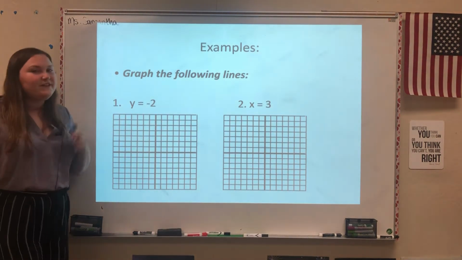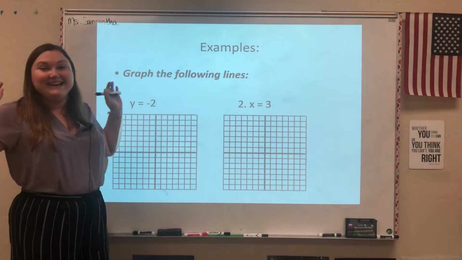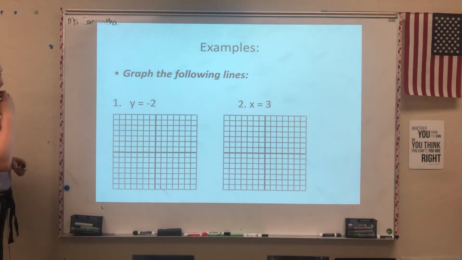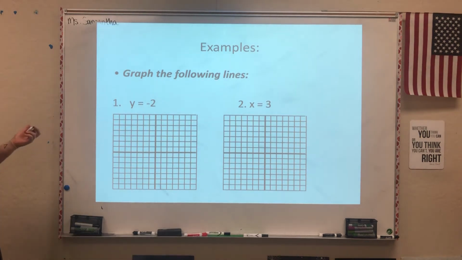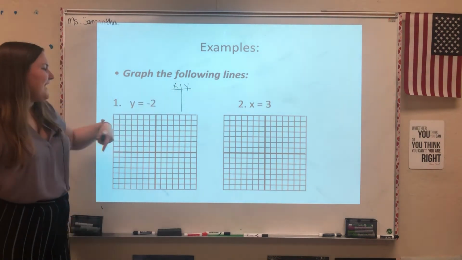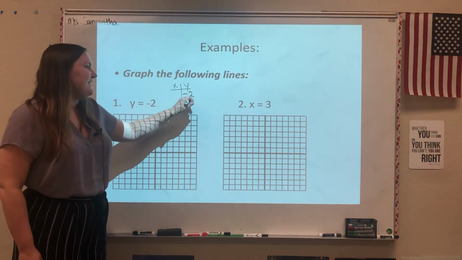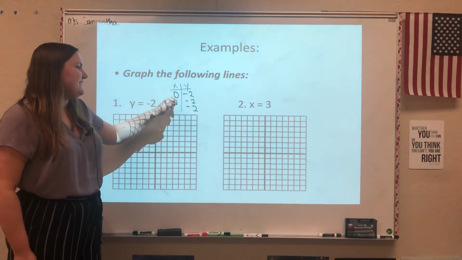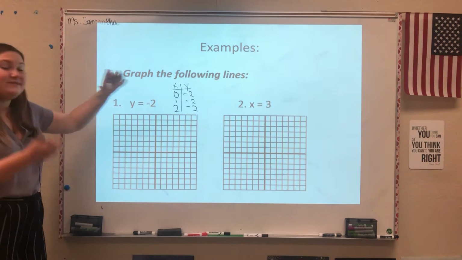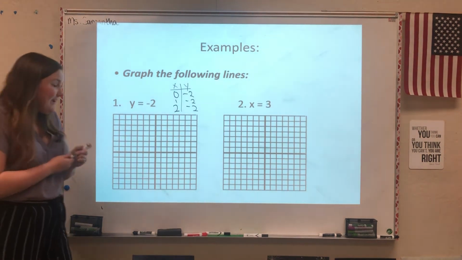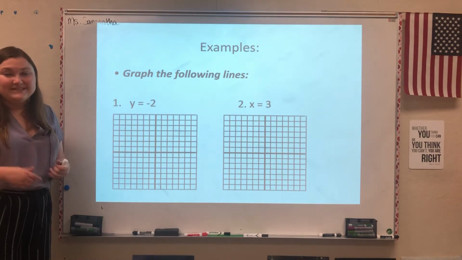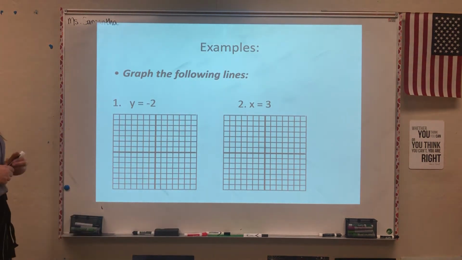Now this, if you're feeling good on that first part, sometimes in class I don't even need to show this because students are like, oh, it's just like the same thing. If you wanted to graph this, you could, if you want, create a table and just say, it doesn't matter what x is, just every single time my y is going to be -2. It doesn't matter what x is, you could put any numbers there, but just make sure your y is always -2 and use that to help you graph. The way I like to do it is, if my equation is y equals, I know it is crossing through my y-axis.